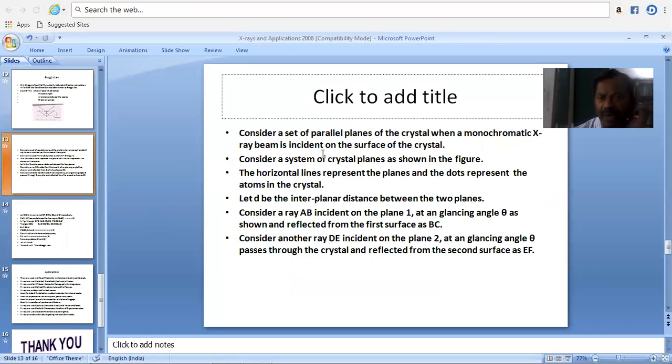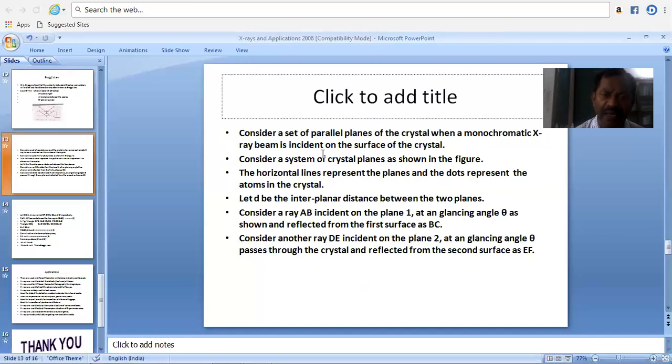Consider a set of parallel planes of the crystal when a monochromatic X-ray beam is incident on the surface of the crystal. Consider a system of crystal planes as shown in the figure. The horizontal lines represent the planes and the dots represent the atoms in the crystal. Let d be the interplanar distance between the two planes.